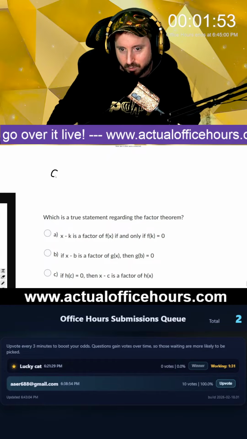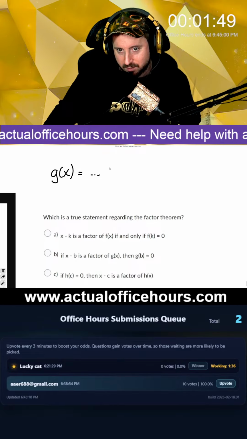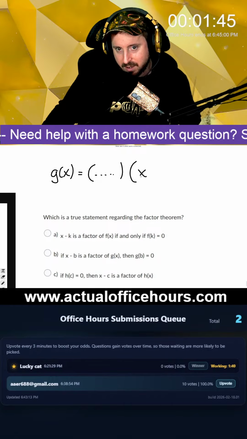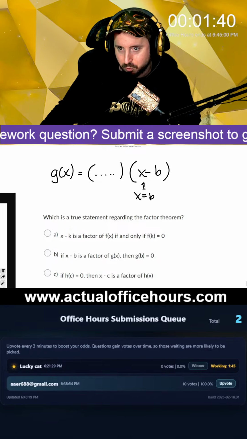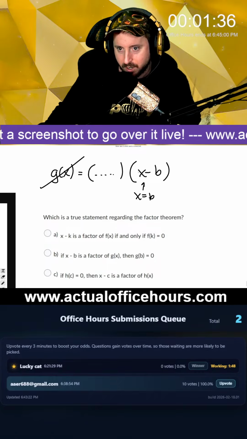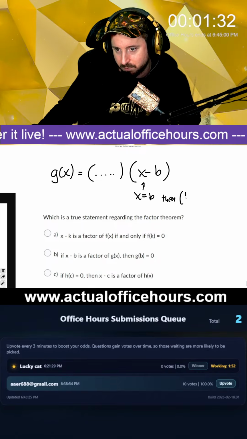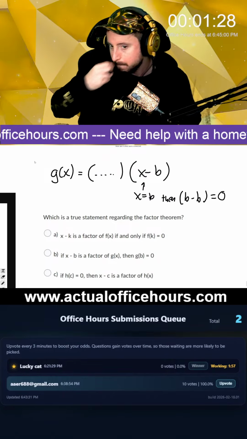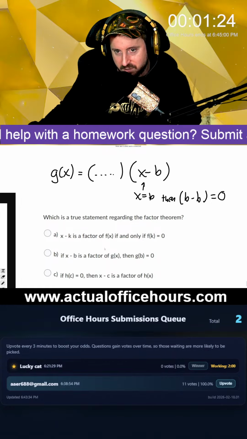If g of x can be composed as something else times x minus b, that means if x is equal to b and you plug that in, this whole thing should be equal to 0, because b minus b is equal to 0. So this should also be 0. Then g of b is equal to 0.